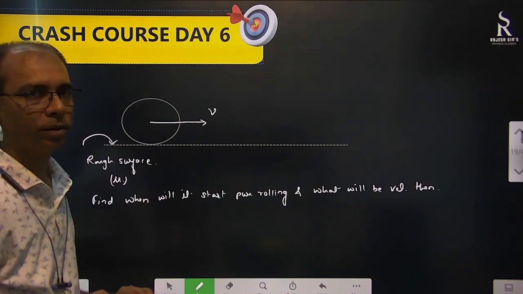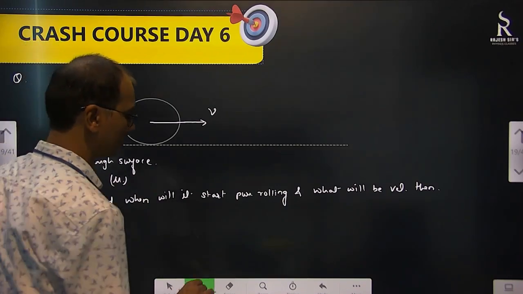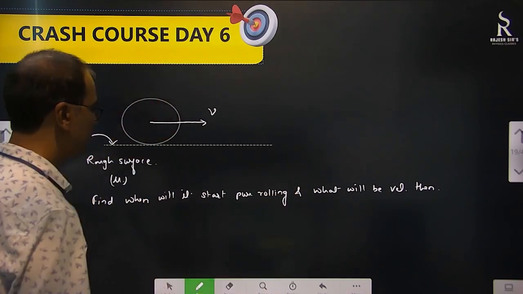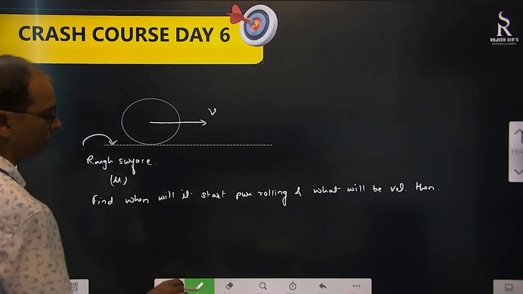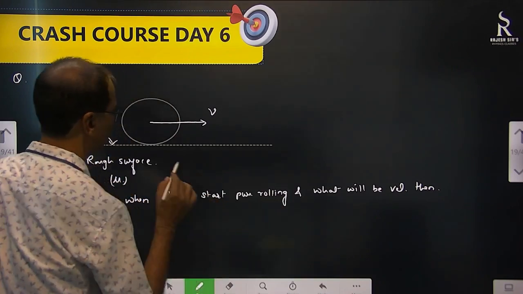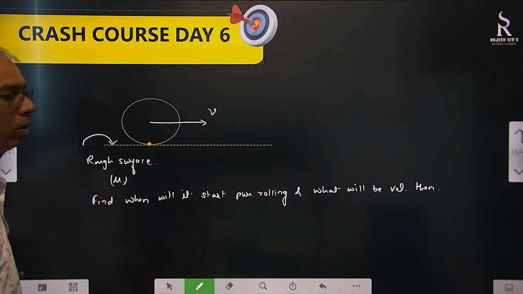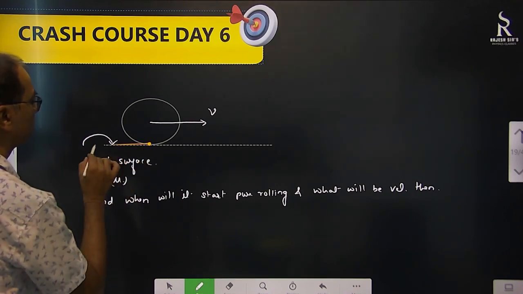The second one is the smarter method. What is that? That method says, we talk about this point here. Friction is acting at this point, we know.